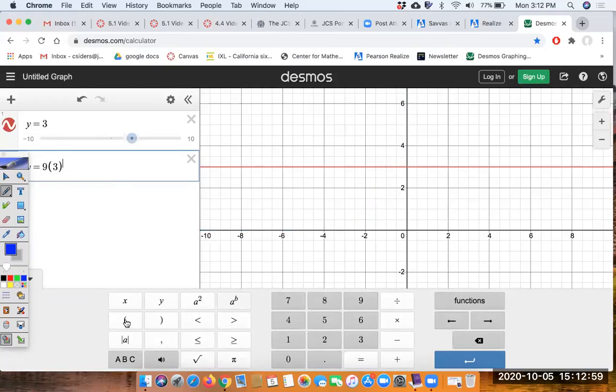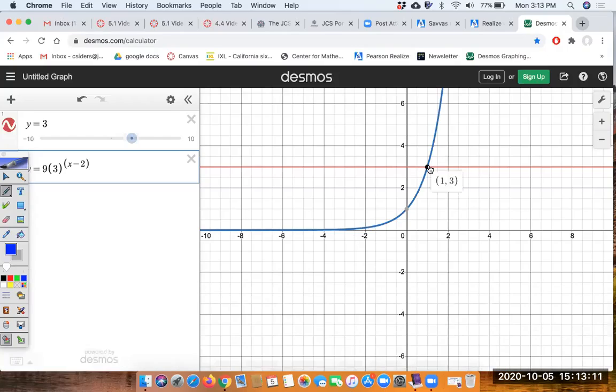Otherwise, it will not know to group the x minus 2. There it is. Okay, that makes more sense. Now, notice that now my intercept is 1, which is the number that actually works. So mistake, sorry about that, guys. I didn't put in my equation correctly. So notice x is 1.